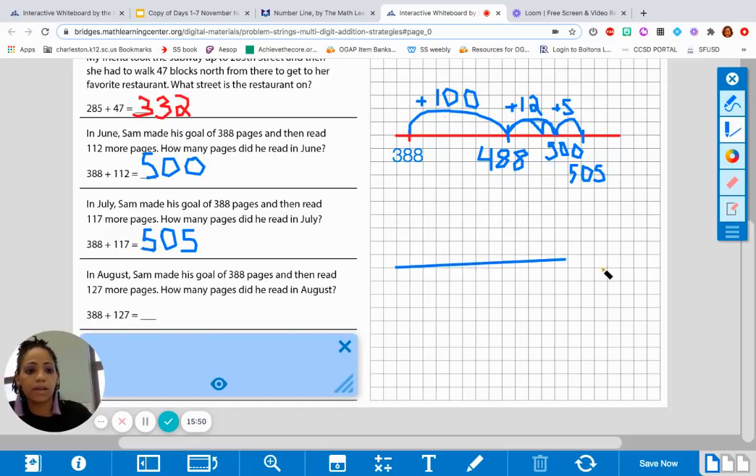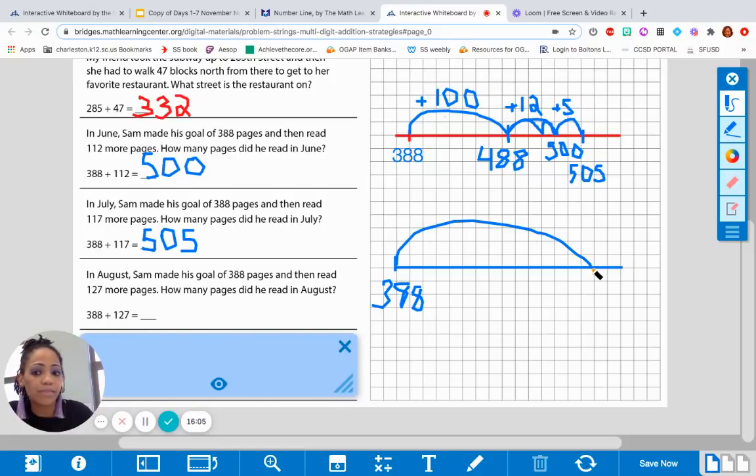I'm going to make another line here. All right, so we knew 388 already plus, and I'm just going to make a big hop for 125, or 117, I should say, because that's the last problem we did.